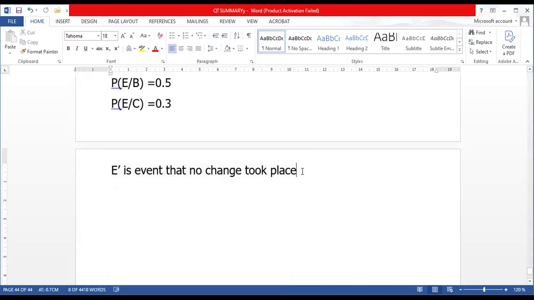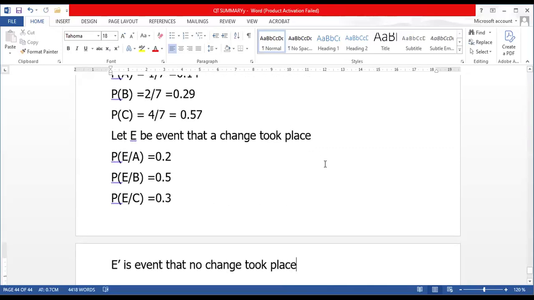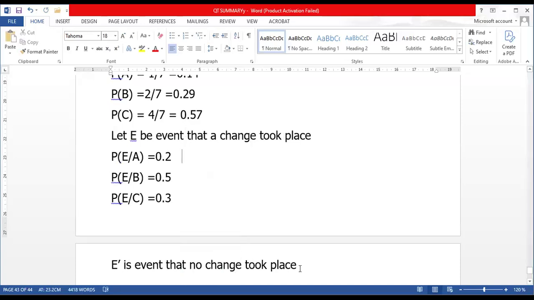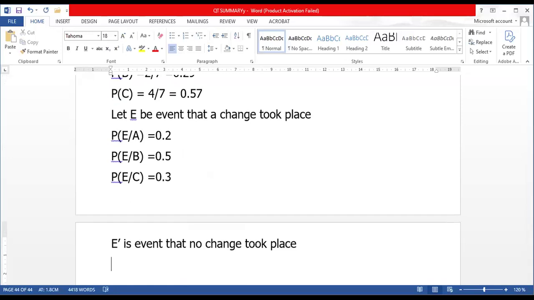So if you are looking at this, it means that you also need to convert these ones. How do you convert them? You will need the probability of E bar given A, to indicate that we are not dealing with E, we are dealing with just E bar.